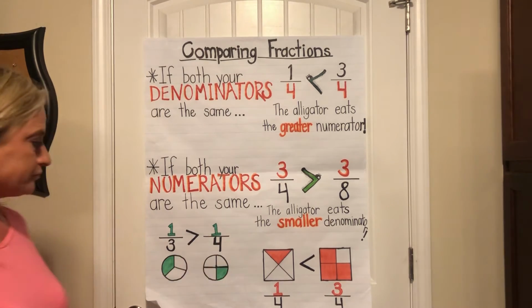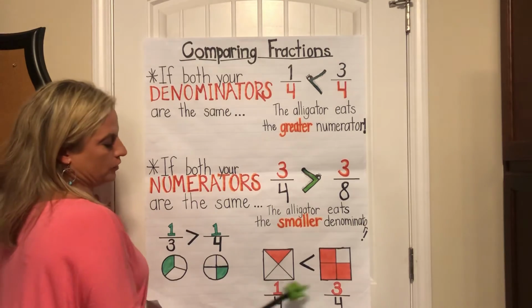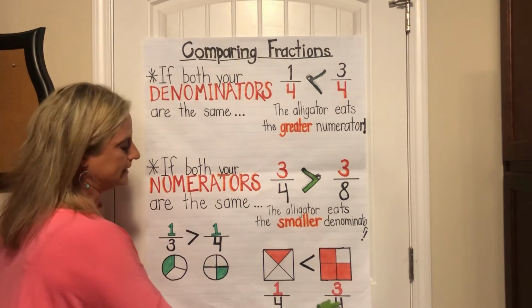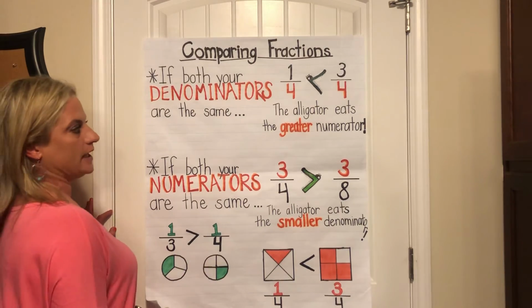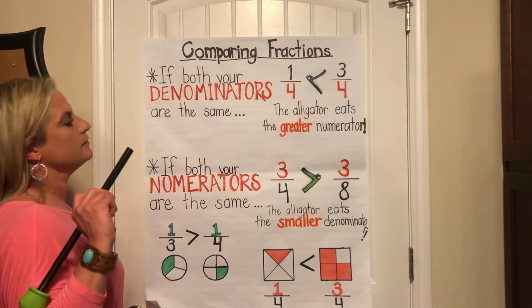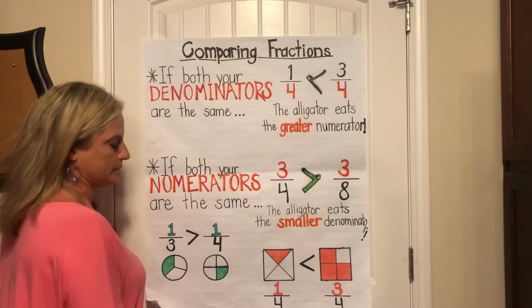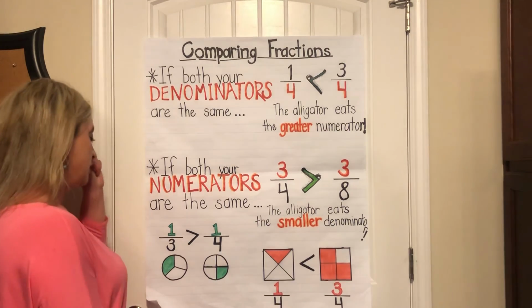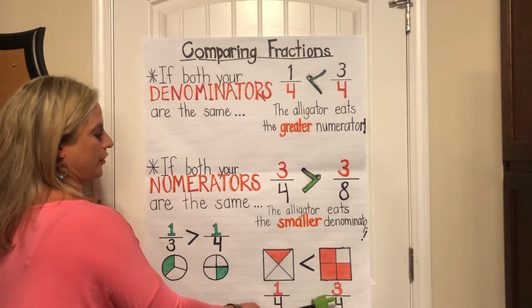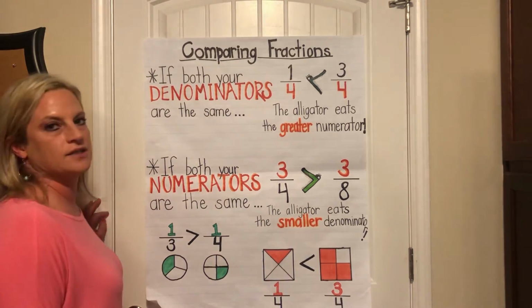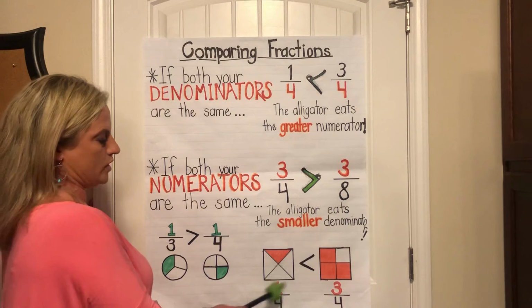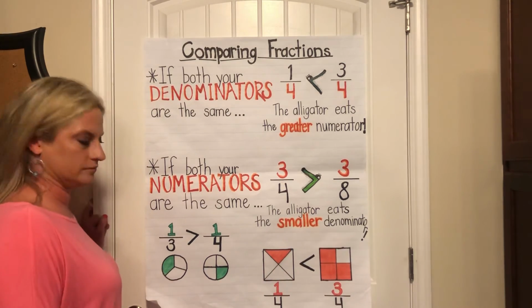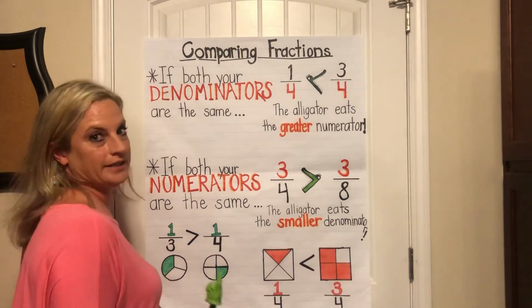Okay, over here, we have the numerators are different and the denominators are the same. So in this case, what we're going to do is the alligator wants to eat the greater numerator, okay? Because we both have 4s from the denominator. So we have a 1 and a 3. Which one has the greater numerator? 1 or 3? Which one's larger? You got it, 3, okay?